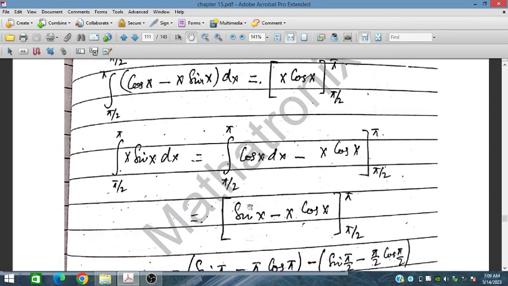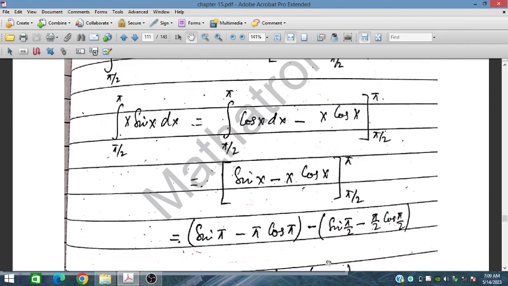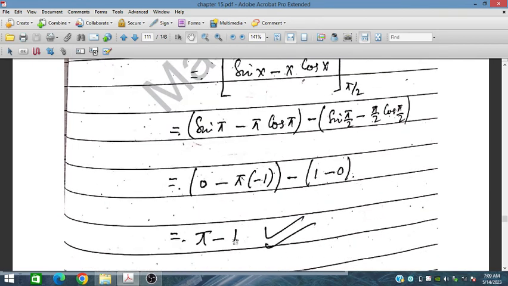I'm substituting this limit, so this is sin x and this is x cos x, because this has been already solved, and we have to integrate this one. This is sin x and this is x cos x. Now substituting the limit, we have obtained this result as pi minus 1.